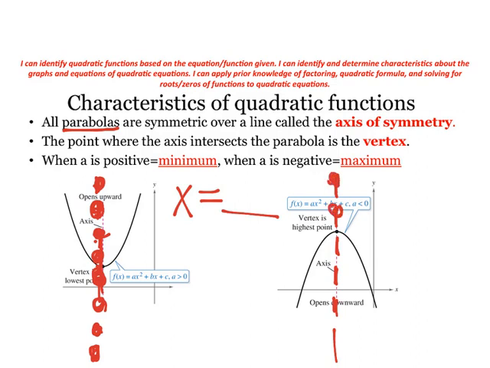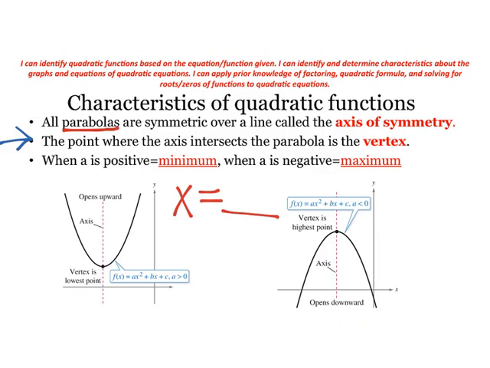If I were to plot points on that axis of symmetry, all of those points would have the same x value. And so the axis of symmetry for that graph would be x equals whatever those x values are for each of those points. Okay. Now another thing which moves us into our next fact, if you will.